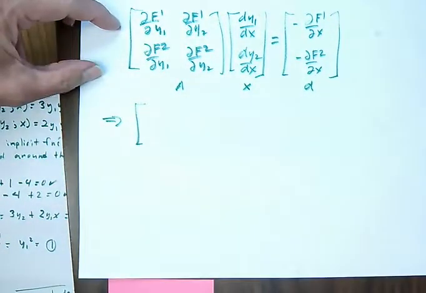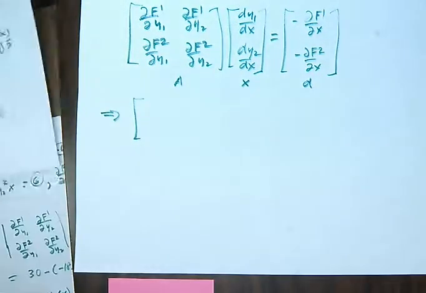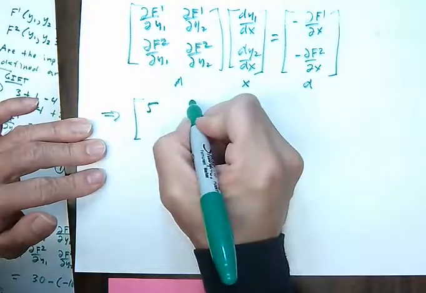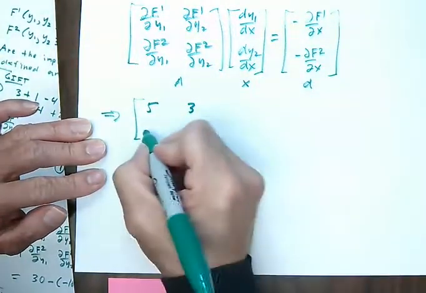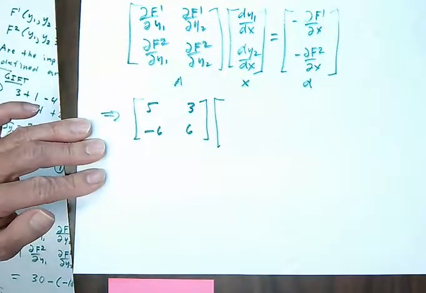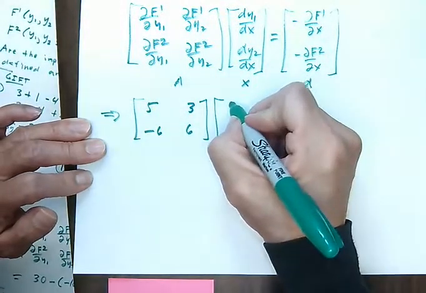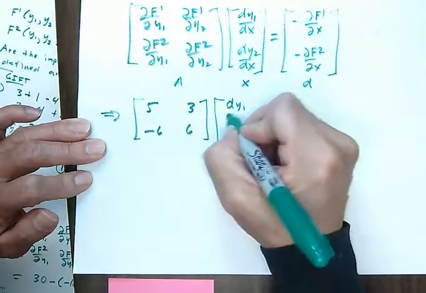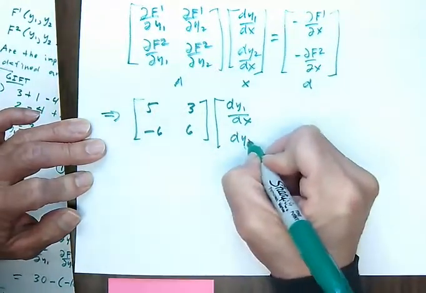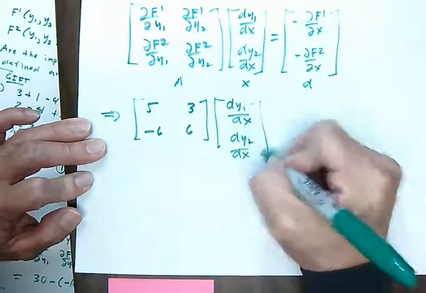Well, this is just our endogenous variable Jacobian determinant, whose elements were 5, 3, minus 6, and 6. The X variable matrix, those elements that we're trying to solve for, are the derivatives of those implicit functions, dy1 dx and dy2 dx.